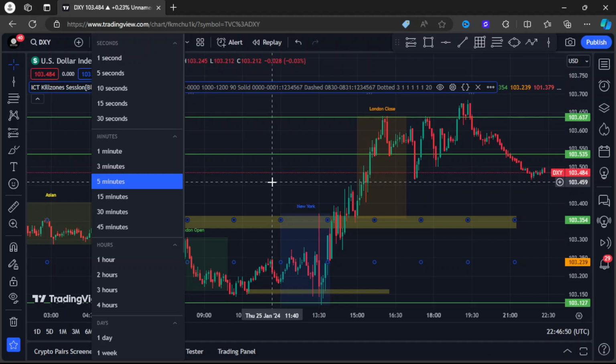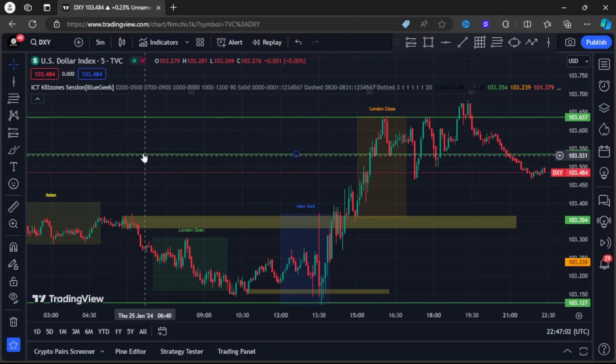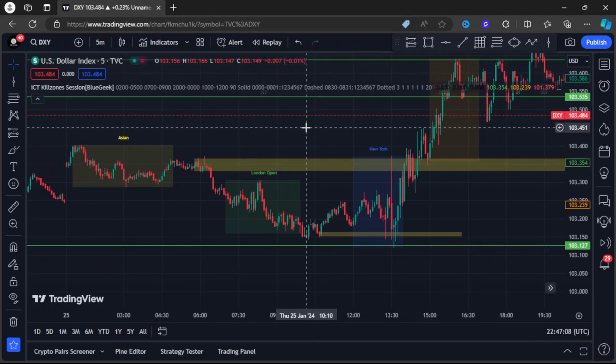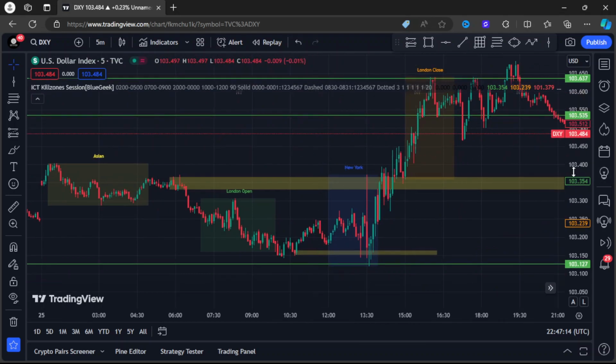If you're trading DXY, gold, or any other currency, do the top down analysis in your charts to find potential support and resistance zones. Then you move to your 5 minute time frame or any lower time frame. For this purpose, I'm going to use the 5 minute time frame, and I'm going to show you the trick here.